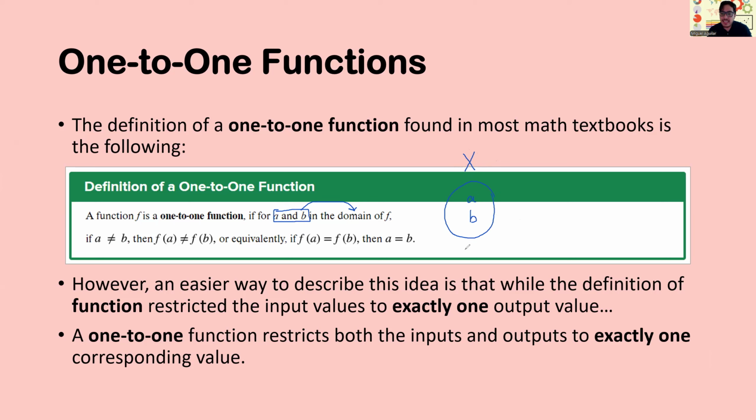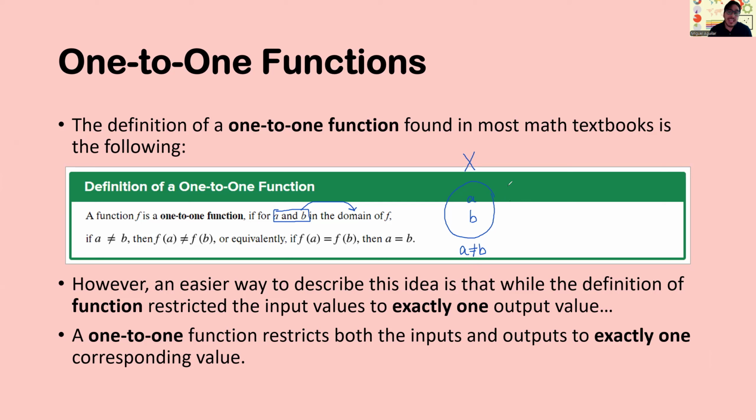And if a is not equal to b, that just means that those two numbers are different numbers. Does that make sense? a and b are not equal to each other, so they're different numbers. We have two different numbers in the domain of our function.